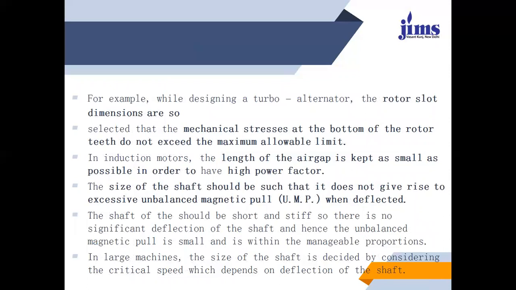The shaft of the machine should be short and stiff, so there is no significant deflection of the shaft and hence the unbalanced magnetic pull is small and within manageable proportion. In large machines, the size of the shaft is decided by considering the critical speed, which depends on deflection of the shaft.